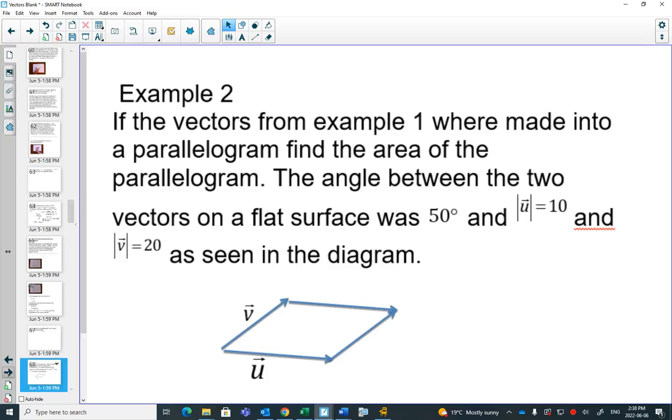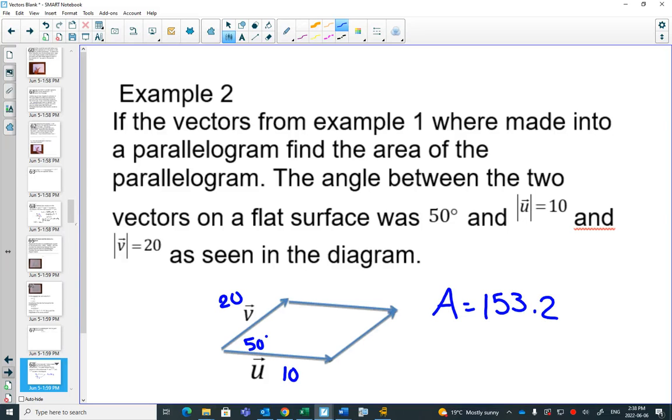So here was the same question that we just did, where this was 50 degrees, this length was 10, and this length was 20. We can now find the area of that parallelogram. Whatever the units are, squared.